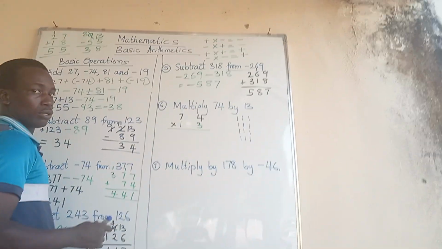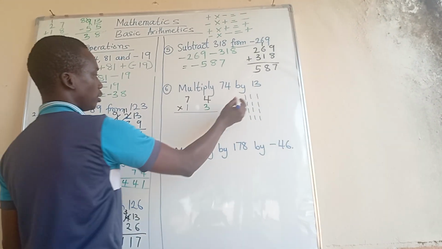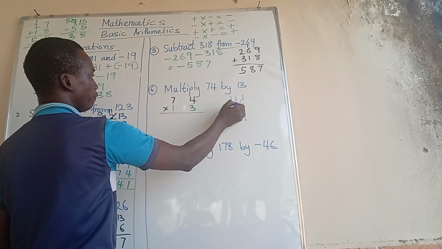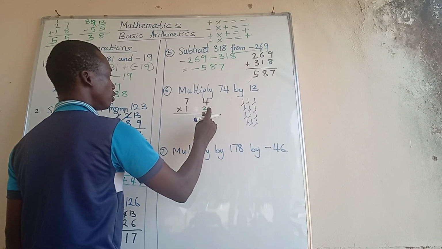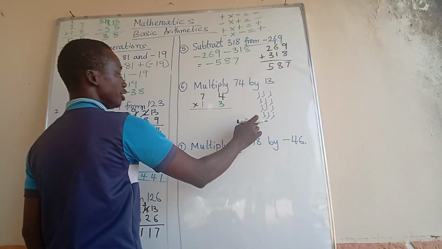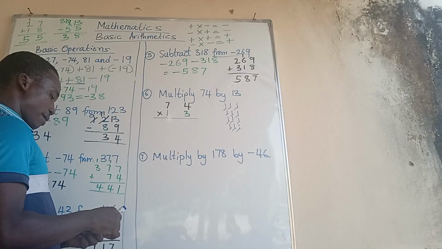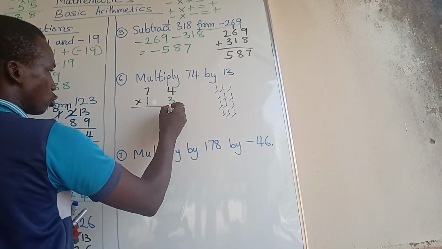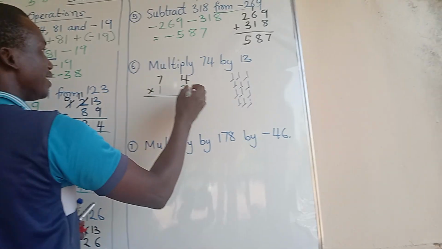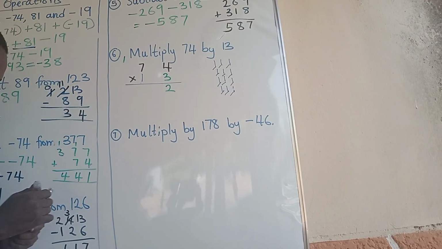And then we count it together. Becomes 1, 2, 3, 4, 5, 6, 7, 8, 9, 10, 11, 12. So 3 in 4 places is 12. Remember, we are going to write our unit, which is 2, and then our tens, we carry it.